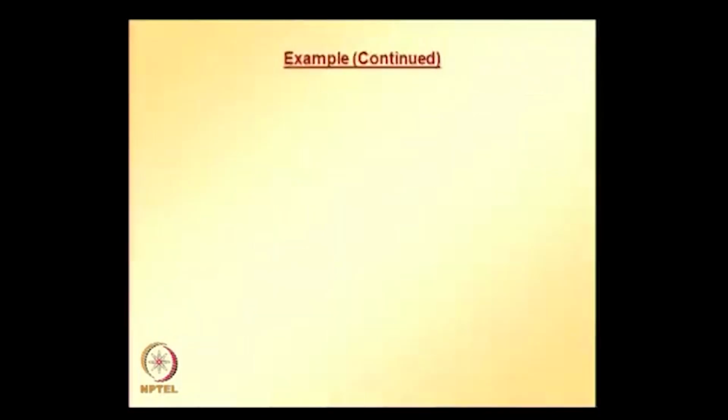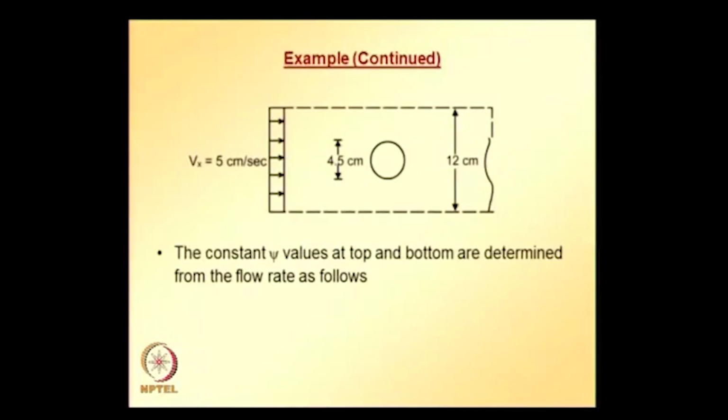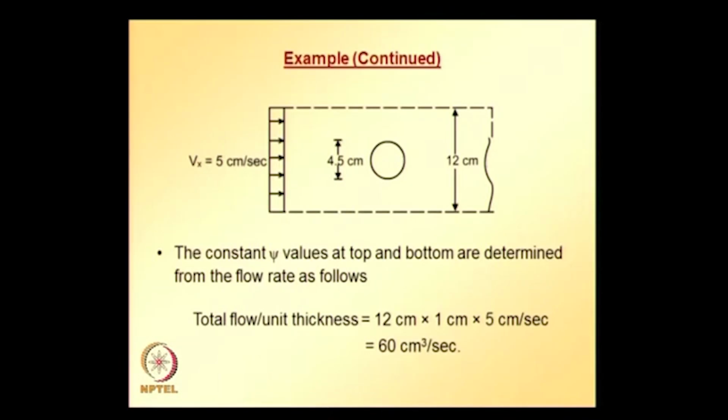So, flow rate per unit thickness is given by 12 times 1 times Vx, that is 5 centimeter per second, and it comes out to be 60 centimeter cube per second. So, the difference, that is psi t minus psi b, is 60 centimeter cube per second.